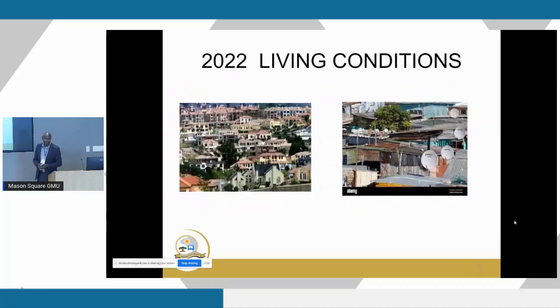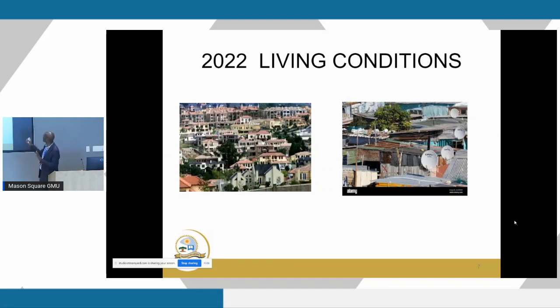But now in 2022, this is a township where the majority of black people live, on your right-hand side. On the left is where the middle-class people live. I live in one of those. But the majority of people live here. These are the present conditions that we have. And something very funny and interesting: if you look at these places, you can see satellite dishes there.